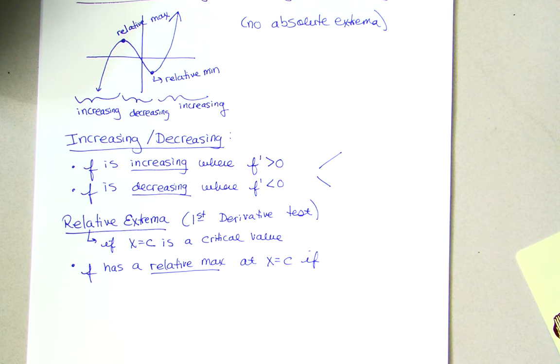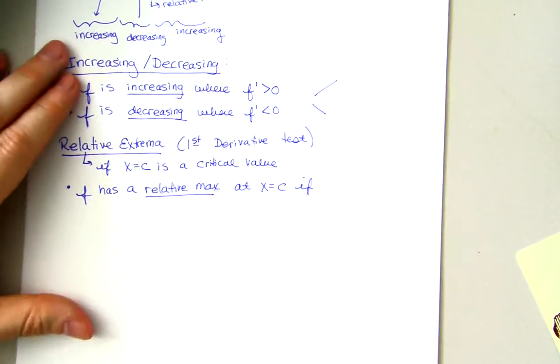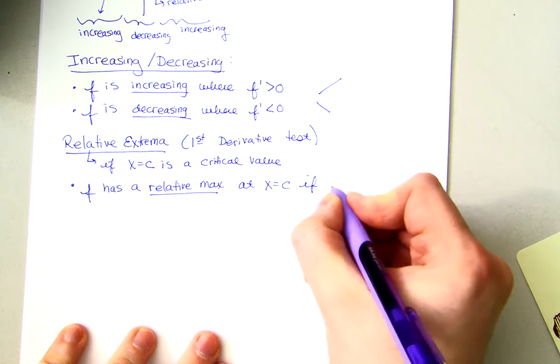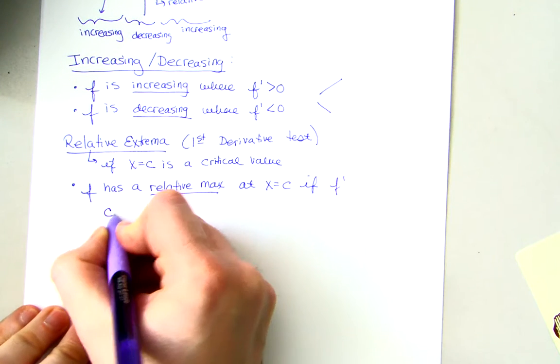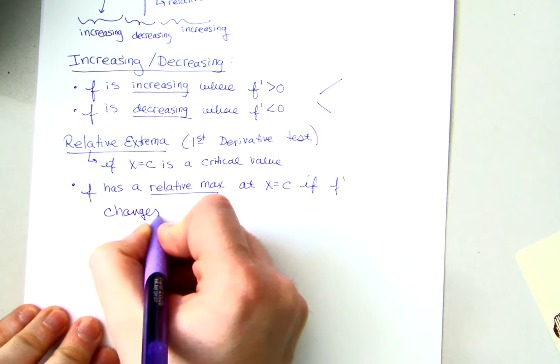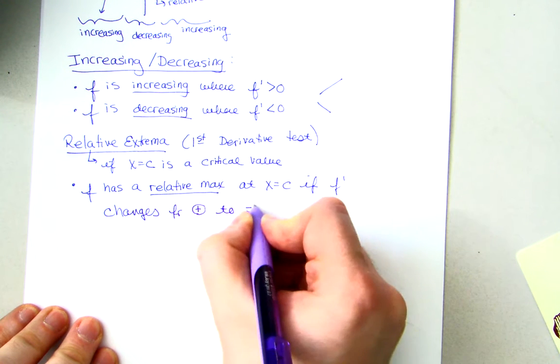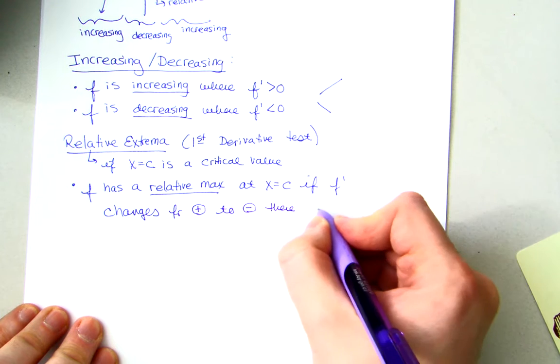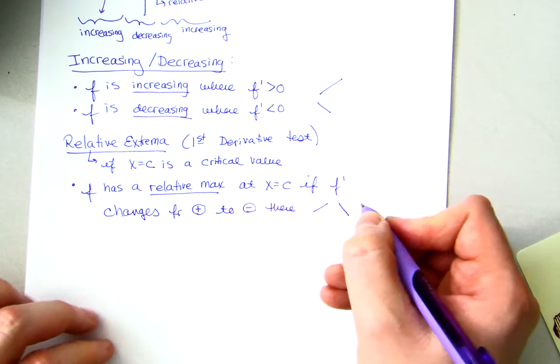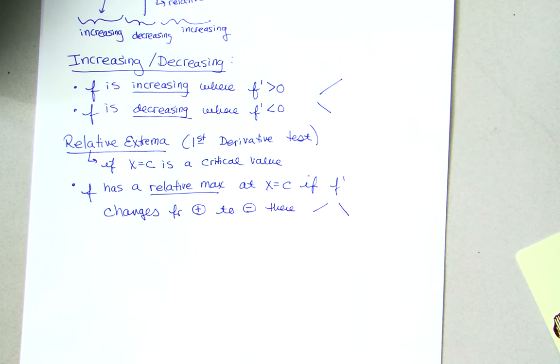What is f prime before the relative max? Positive or negative? What is it afterwards? My definition is I'm going to have a relative max if f prime changes from positive to negative at that x value. F has a relative max if f prime changes from positive to negative there. Well, positive means I'm going up, negative means I'm going down. Sure, that means I'm going to have a maximum there.